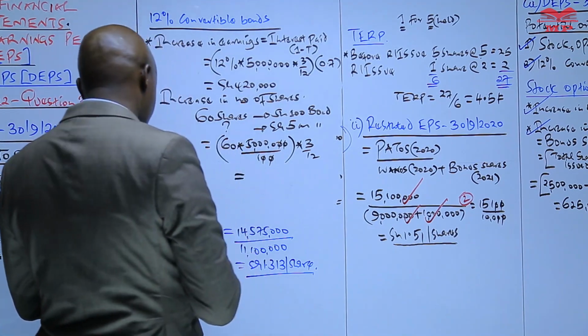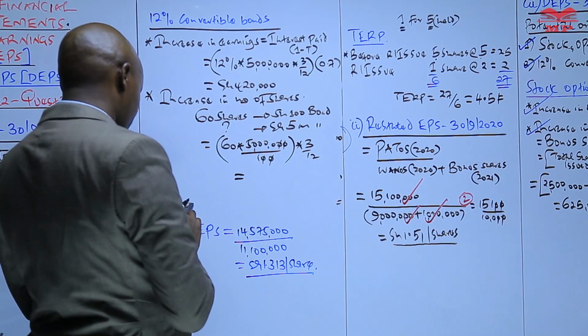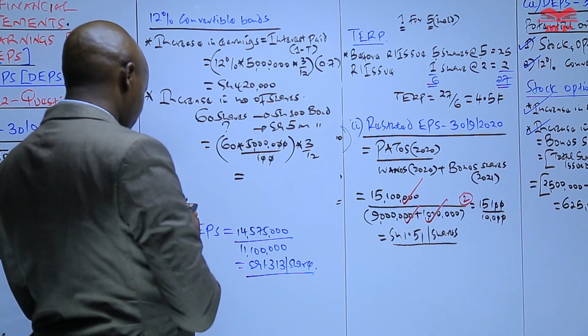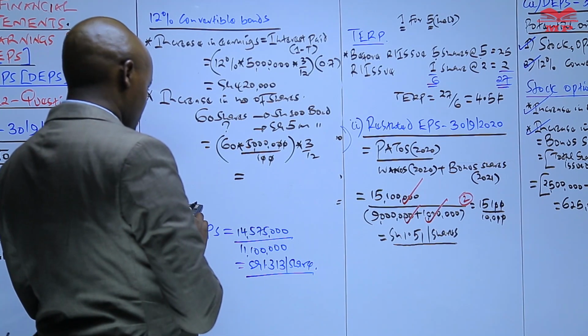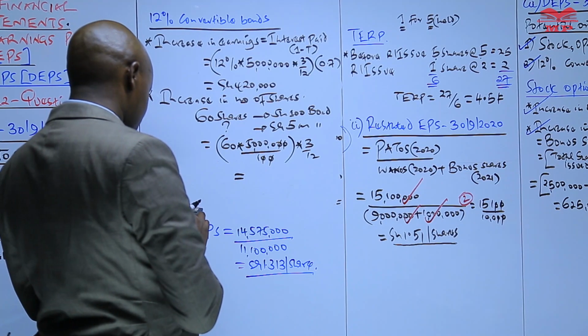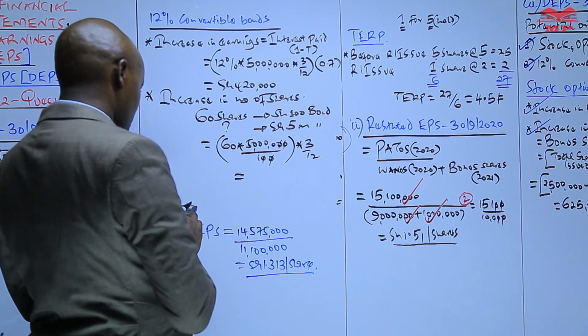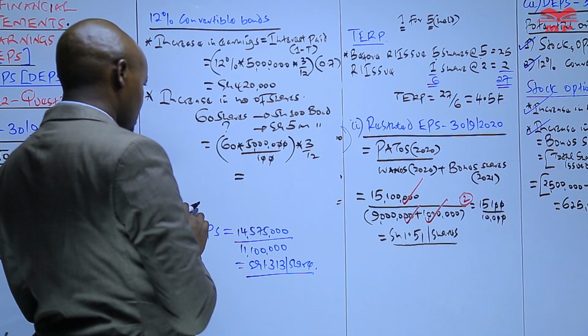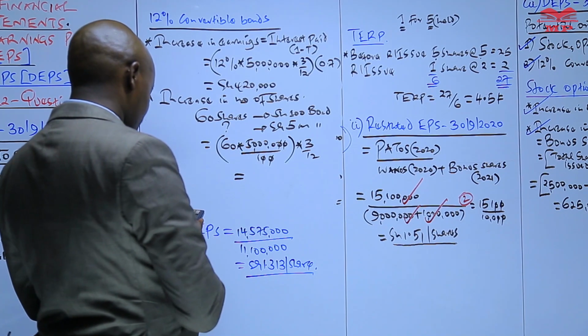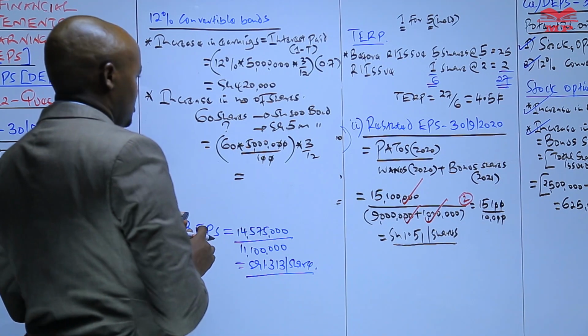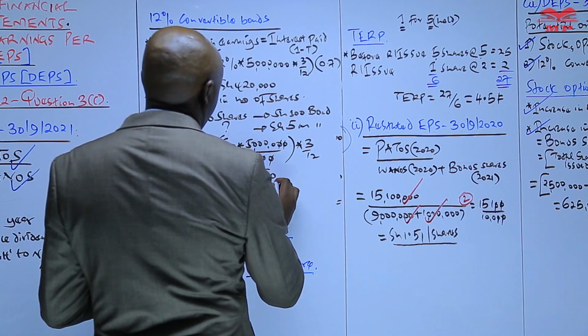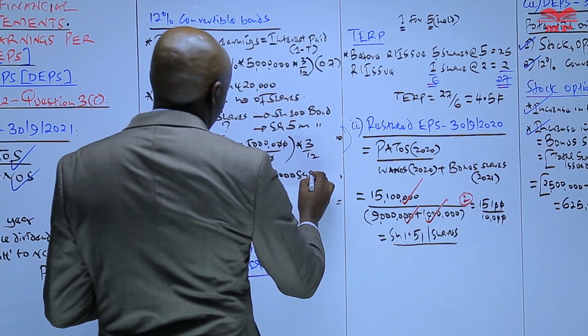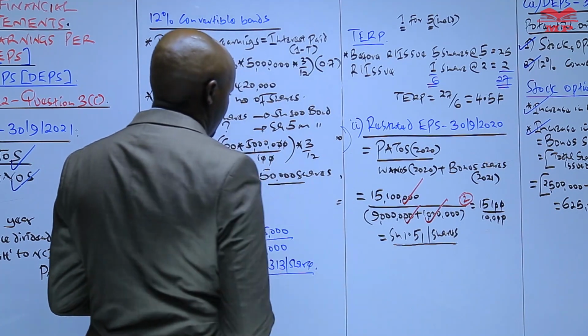We see the number of ordinary shares which would have been issued on conversion. We have 60 times 5 million divided by 100 times 3 divided by 12, which will give us 750,000 shares.